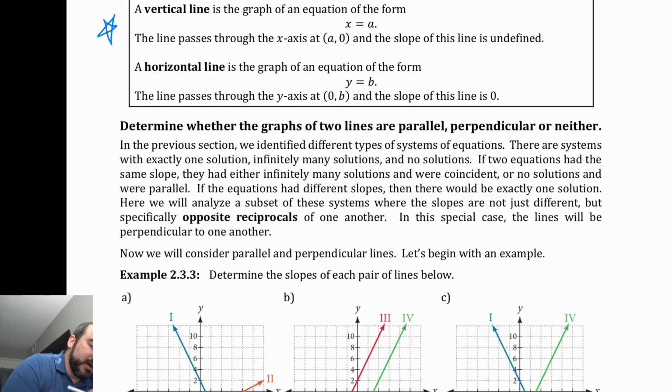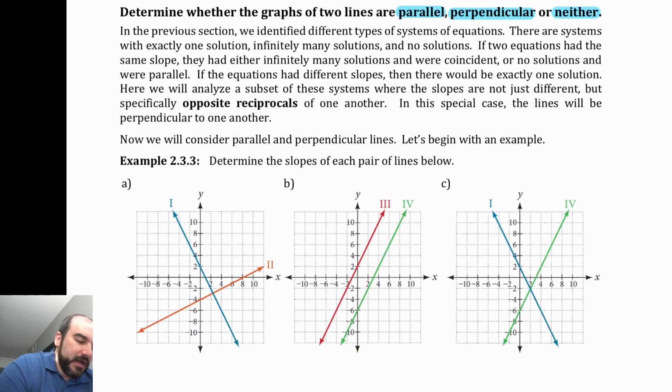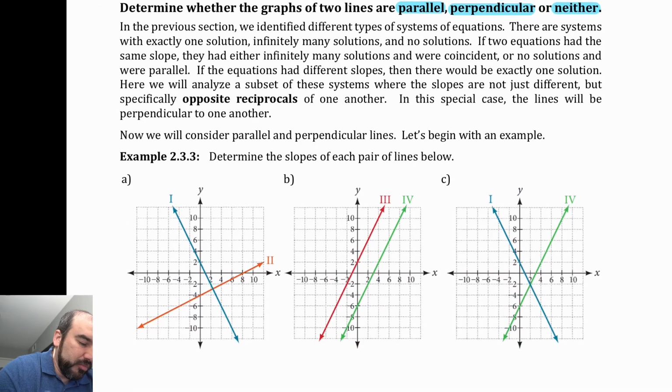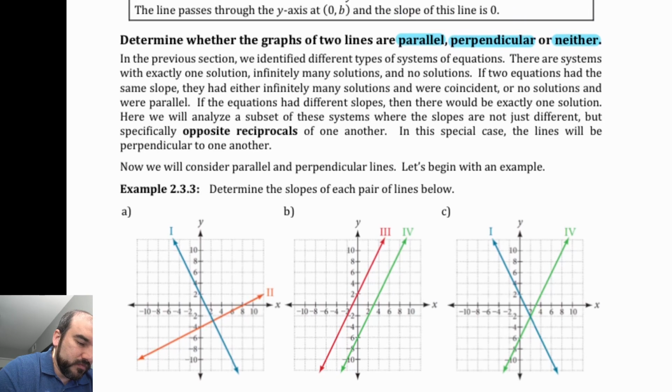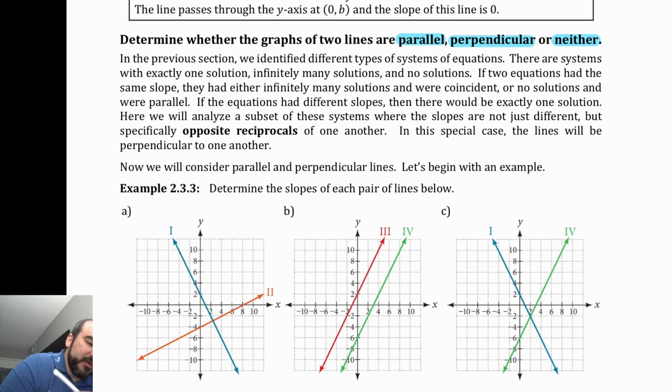Okay, next we're going to talk about how to determine whether graphs of lines are parallel, perpendicular, or neither. But first, before we do that, let's go over how to find slope. How do we find slope of a line?